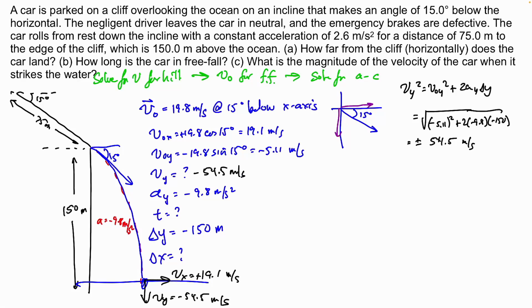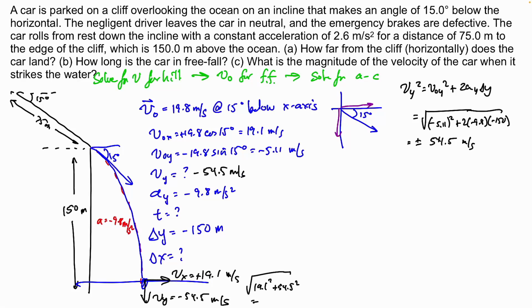So, now that I have these, how do I find the actual magnitude of the vector? If I have the two components, what do I do? For the angle, use the tangent, right? If I want the magnitude, I get old dude, Pythagorean theorem, right? Okay. Since we're here, we'll do that. 19.1 squared plus 54.5 squared.